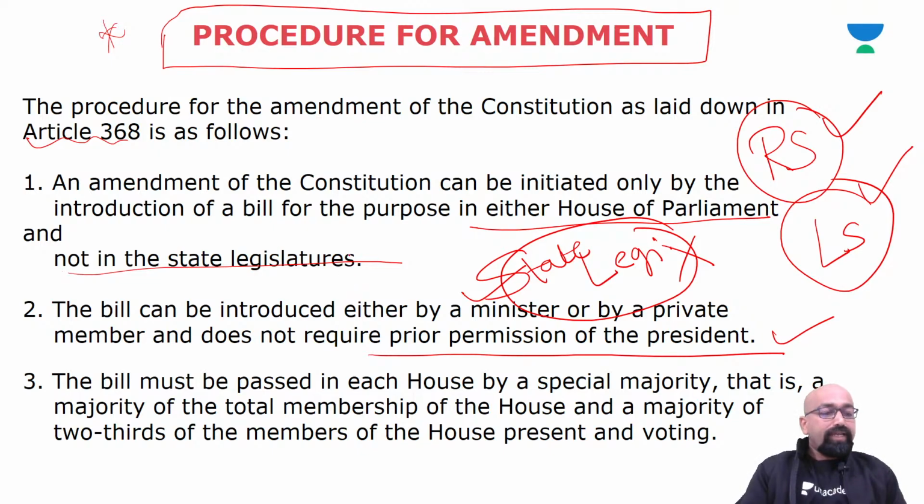So the bill must be passed in each house by special majority, that is a majority of total membership of the house and a majority of 2/3 of the members of the house present and voting.